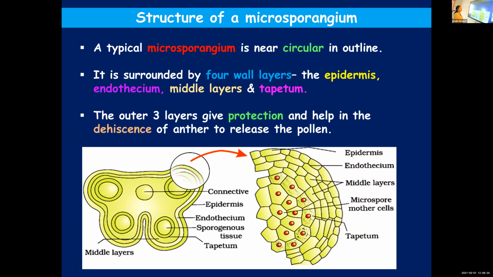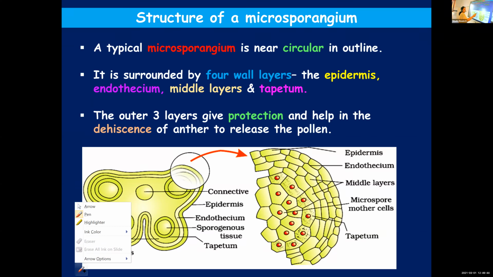A typical microsporangium is circular in outline, and it is surrounded by four wall layers. You can find four types of layers covering a microsporangium.